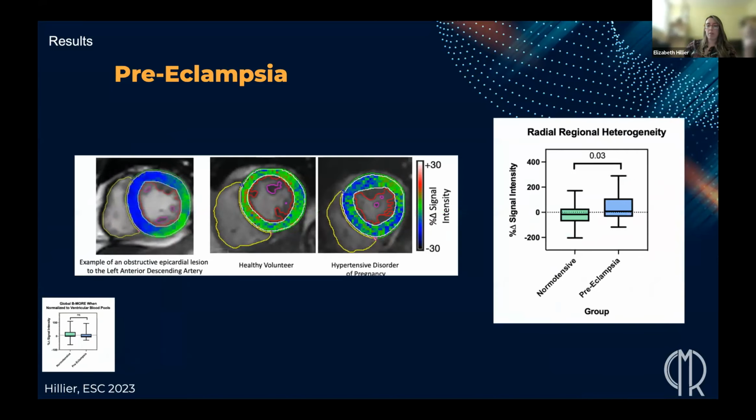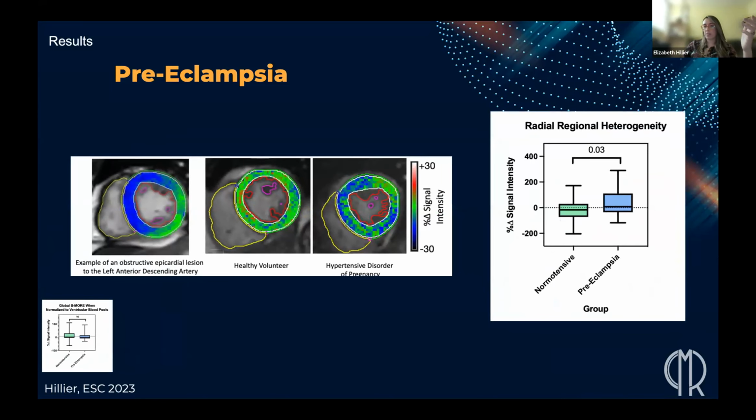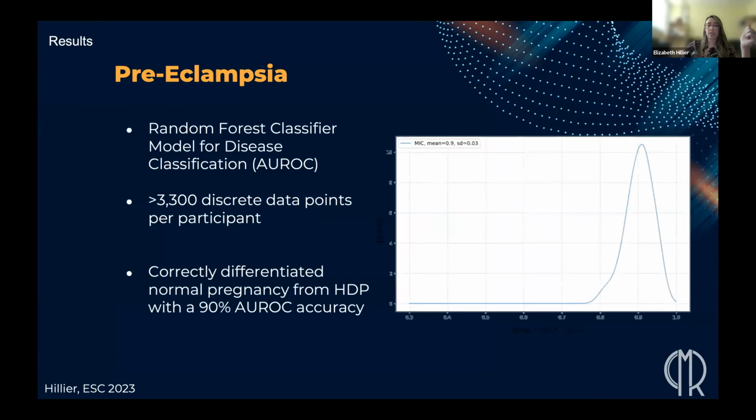And when we look at the parameters of regional heterogeneity, that's exactly what we see, especially radially. And the radial regional heterogeneity is interesting because that's essentially a transmural gradient. So when you think about this strong hypertensive episode in pregnancy, it makes sense that the endocardial, possibly microvasculature, was affected first. So I thought that was interesting in this analysis.